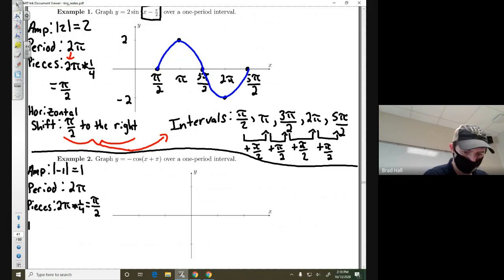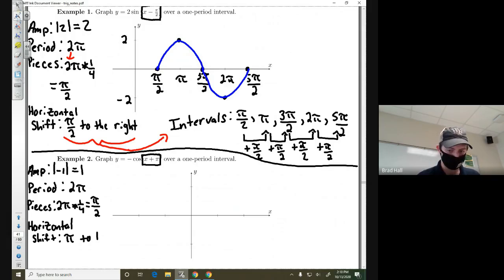And then the horizontal shift. This is whatever is adding or subtracting to the x value directly. I think we can all see that it's pi, but in what direction?